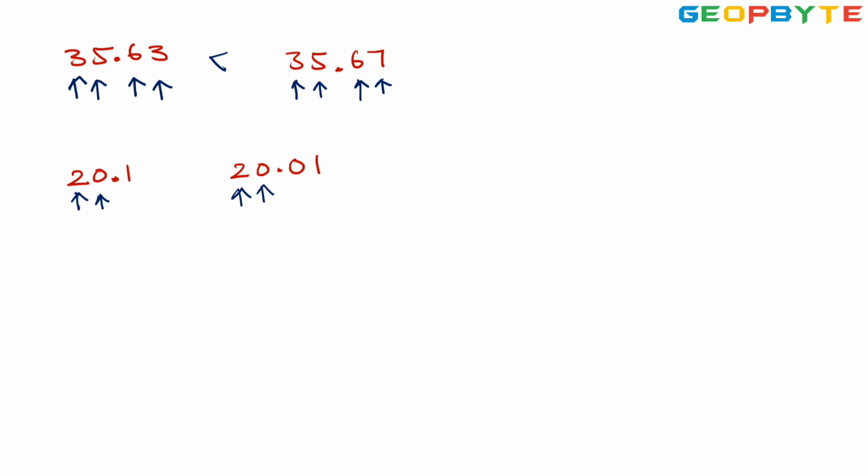After the decimal point, at the 10th position we have 1, and here at the 10th position we have 0. So 1 is greater than 0. So we can say that 20.1 is greater than 20.01, which means 20.1 is the greater one.